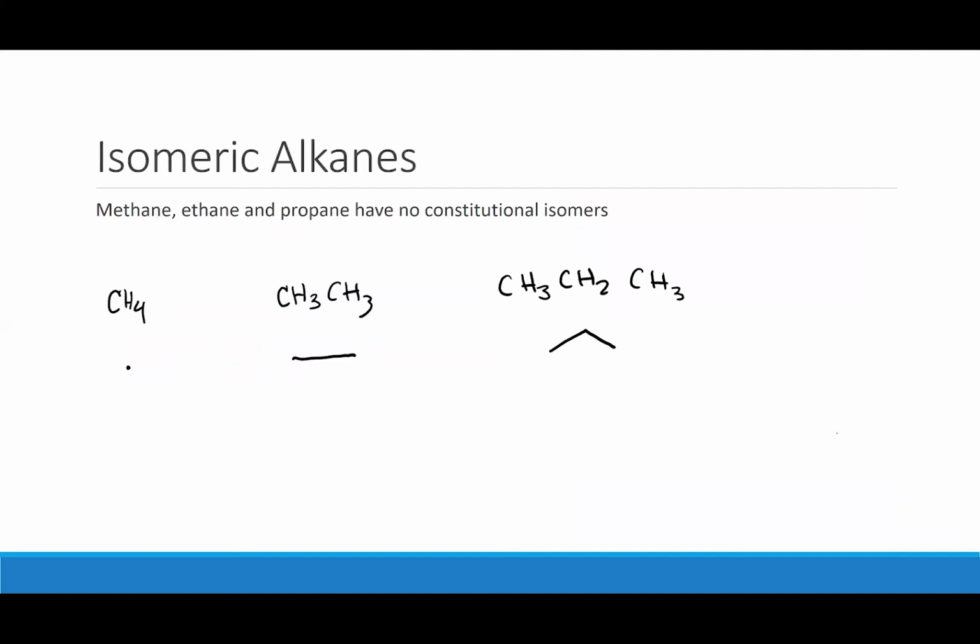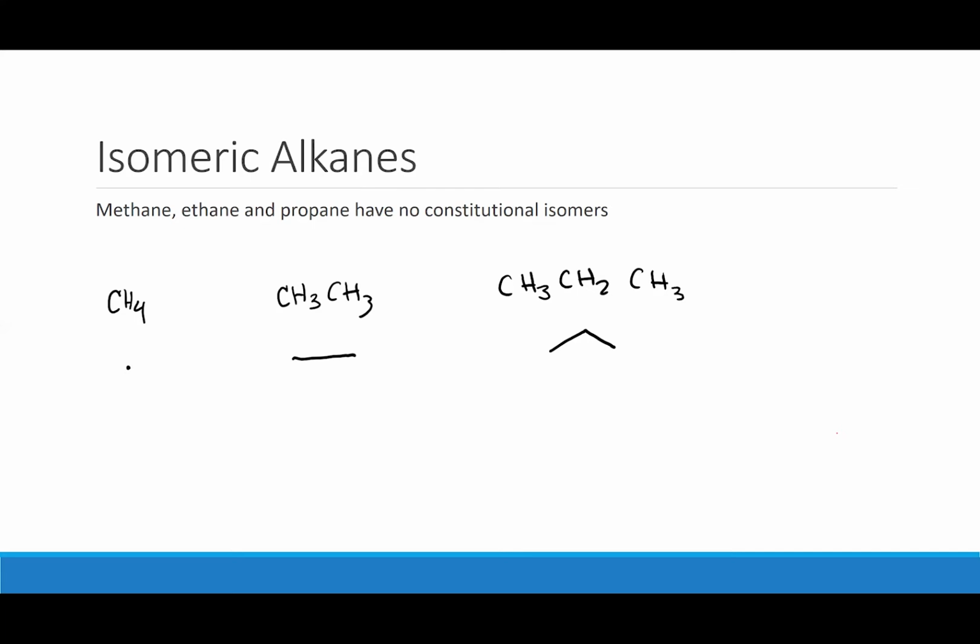So for our first three of the normal type of alkanes, methane, ethane, and propane, you should know that these do not have any isomers. That's simply because there's no other way you can arrange these to form a different structure. There's no way that you can move around the carbons to form anything other than just their linear forms.